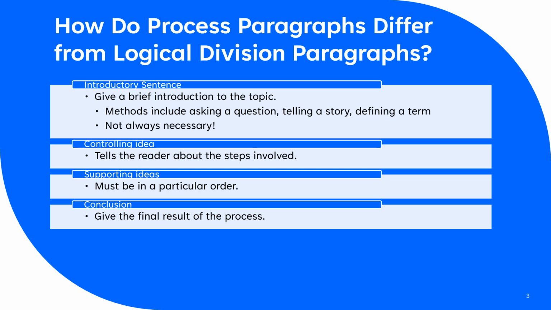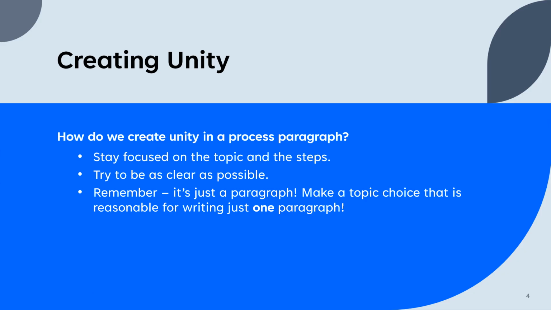These are not always necessary. You're always going to want a controlling idea, but for a process paragraph, that controlling idea is going to be telling your reader about the steps involved in doing a process. The supporting ideas have to be in a particular order because once again, you're telling them how to do something, and the conclusion should give the final result of that process.